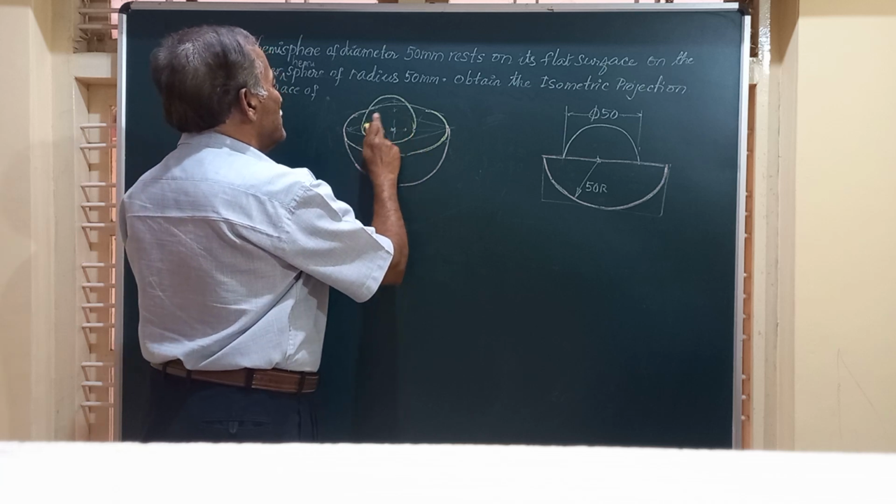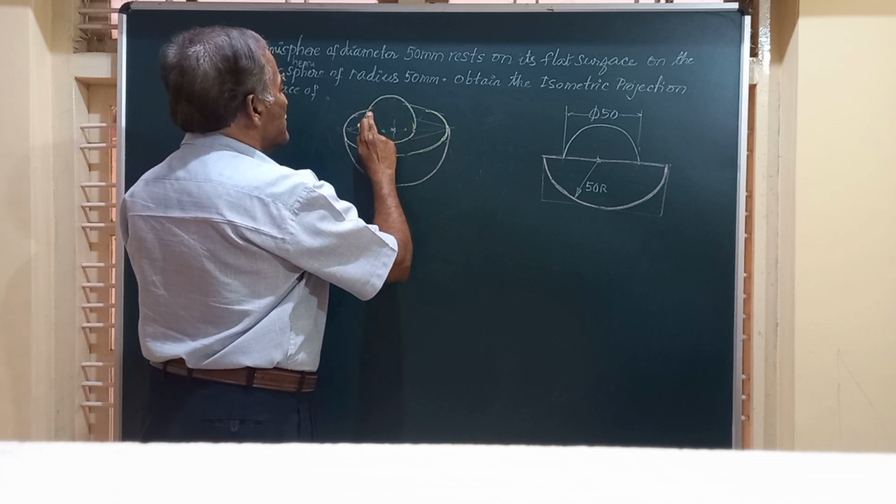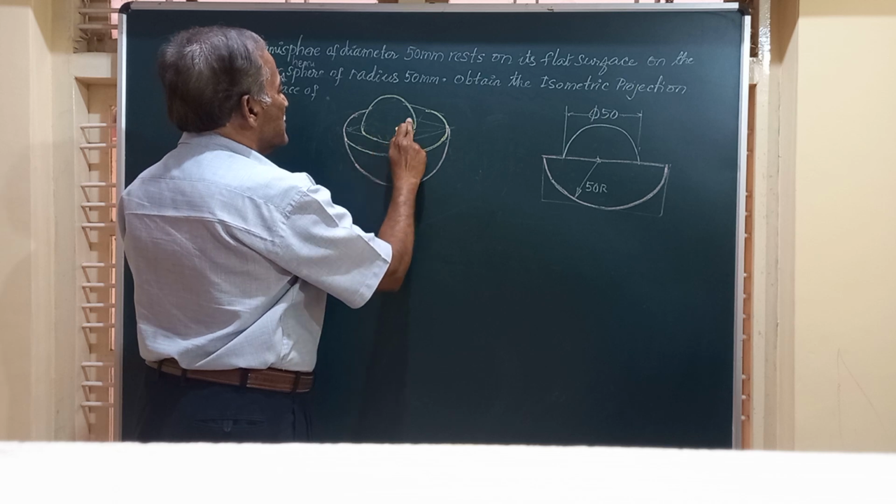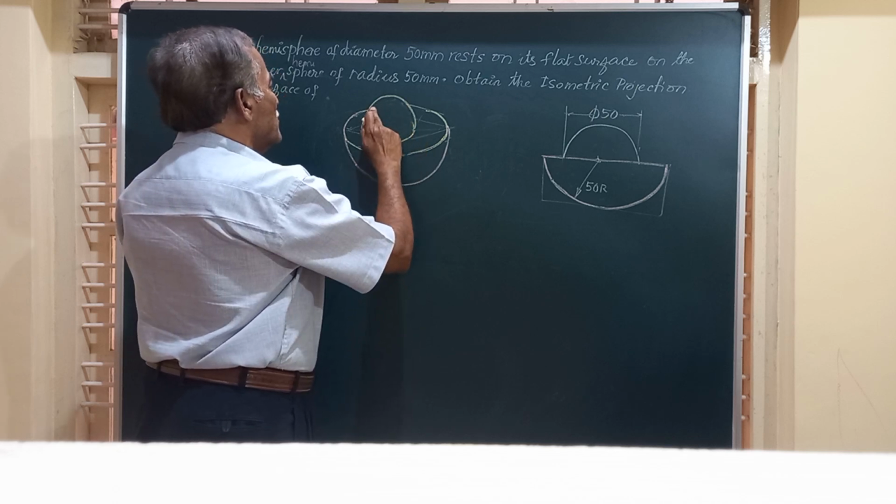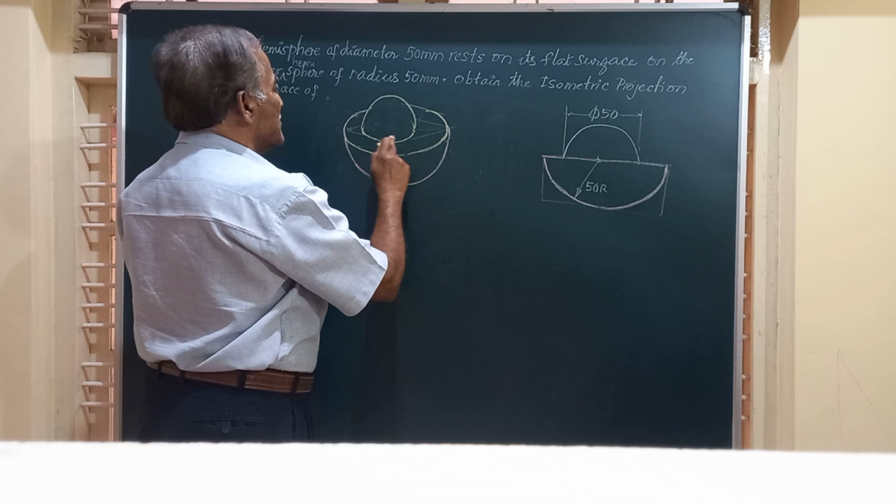So this rear portion is not visible to the observer, and generally no hidden lines or dimensions are shown.